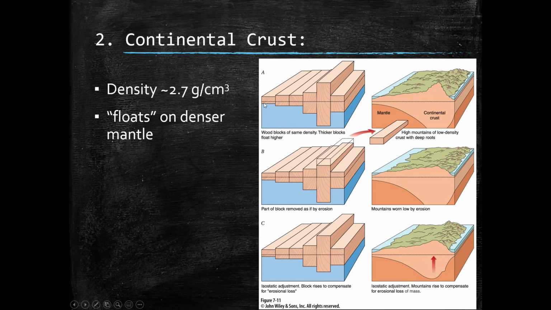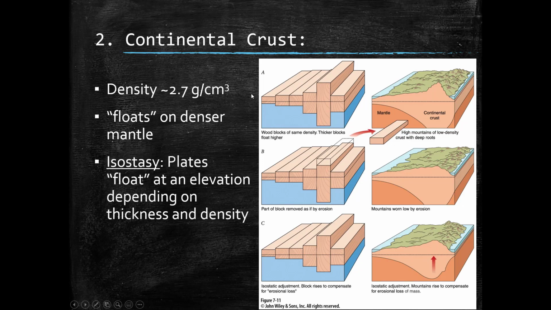This series of blocks turns the continental crust into blocks so you can see how the mass is distributed. The idea that as the crust gets thicker it sinks deeper into the mantle is based on isostasy, the idea that plates float at an elevation that depends on their thickness and density.